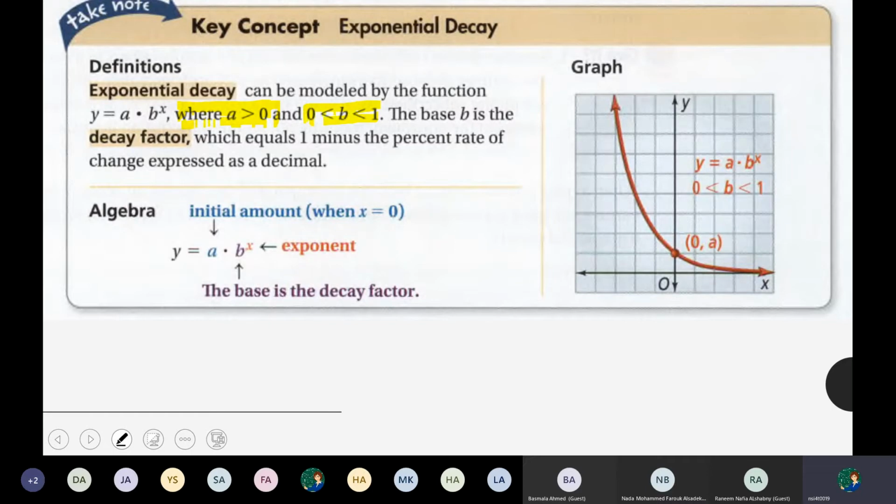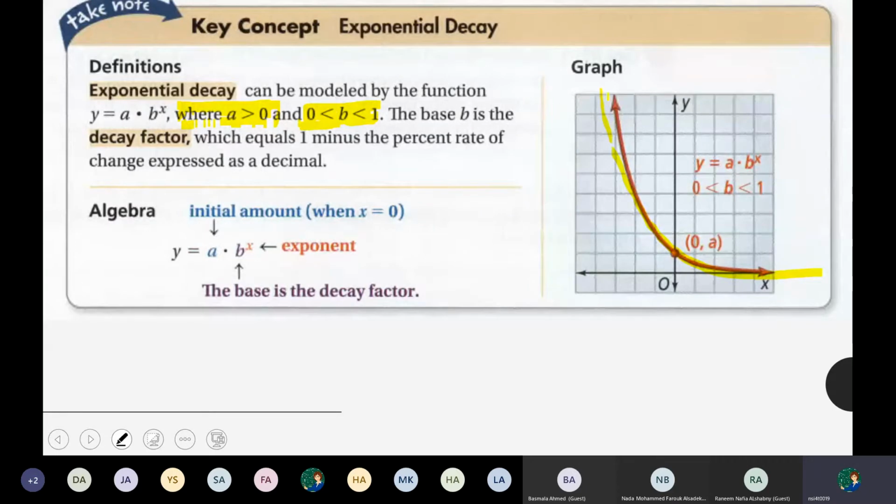I mean, it must be a positive number but less than 1. The base b is the decay factor, which equals 1 minus the percent rate of change expressed as a decimal. The same steps, but instead of adding 1, I will subtract it from 1.